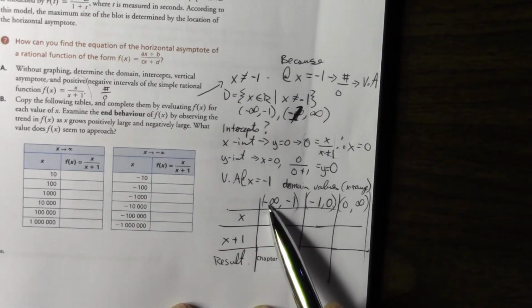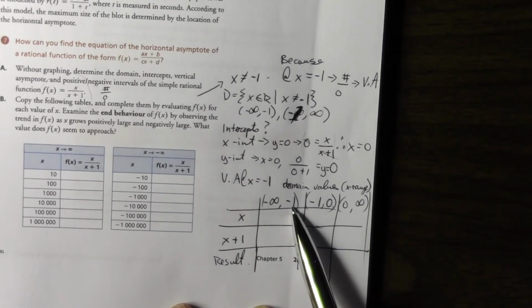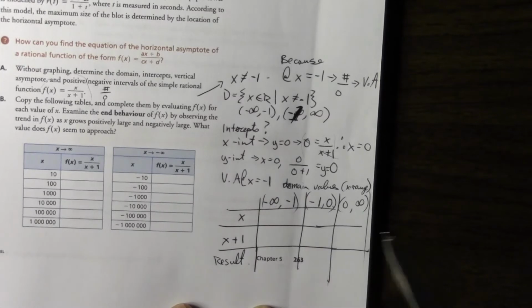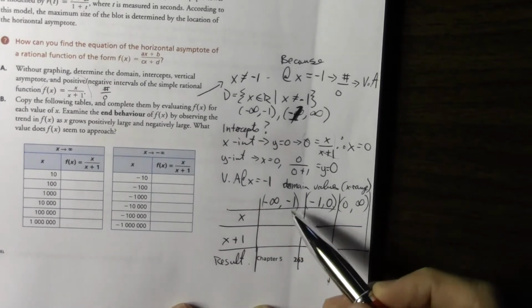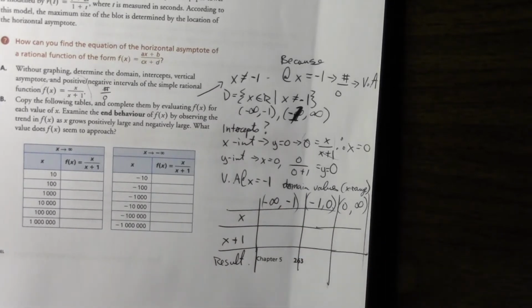The reason why we know it's negative infinity to negative 1 is because at negative 1, we know there's a hole there in the graph. There's a vertical asymptote. Okay? So without graphing it, we still recognize that at negative 1 the graph is not passing. It gets to negative 1 and it's got a curve, either up or down. Okay? So something funky is happening at negative 1.